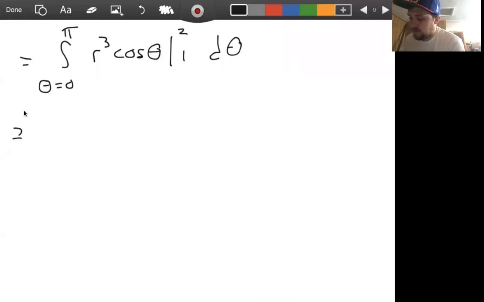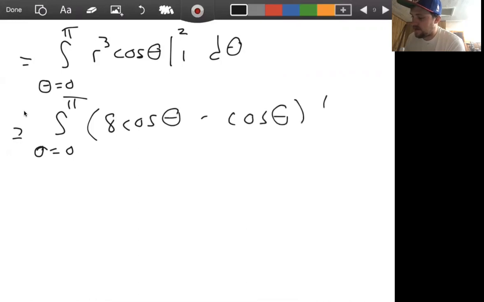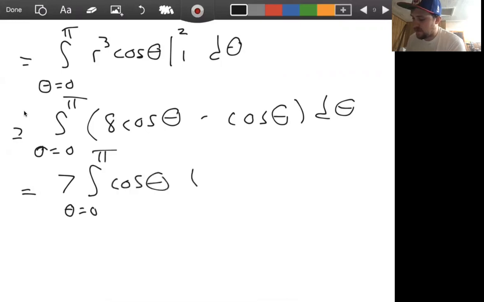And now we plug in 2 and we plug in 1, with theta equals 0 to pi. If we plug in 2, we're going to get 8 cosine theta. If we plug in 1, we'll get cosine theta d theta. So this is then 7 cosine theta. If you'd like, I can pull the 7 out front. The integral from 0 to pi of cosine theta d theta is now a very simple integral, right?